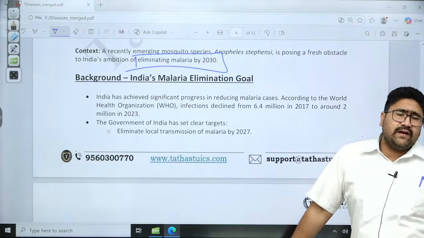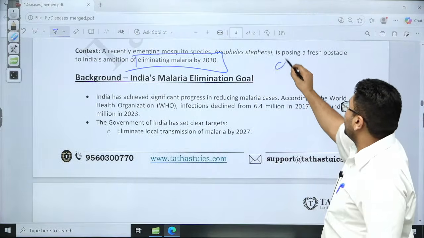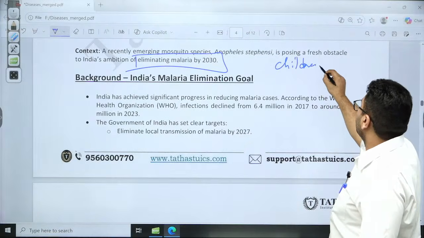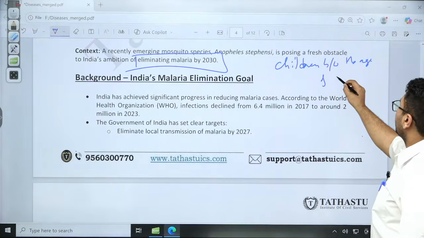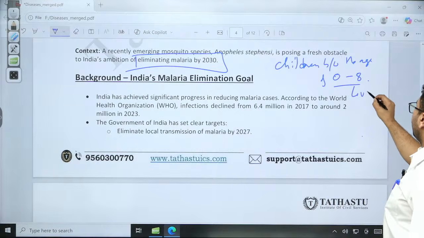Not all the target children between the age of 0 to 8 have been vaccinated.